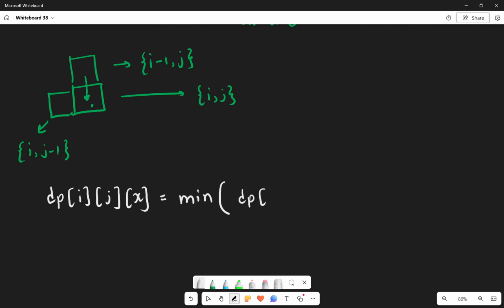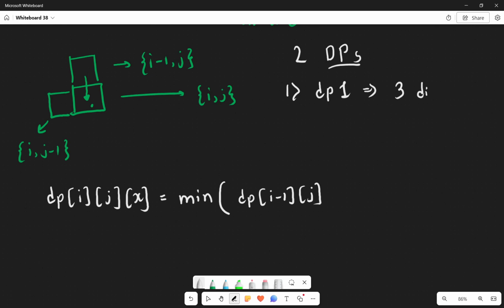dp of i minus 1 comma j. Okay, so I will define two dp's here. First is dp1, which will be three dimensional, and my dp will be two dimensional.